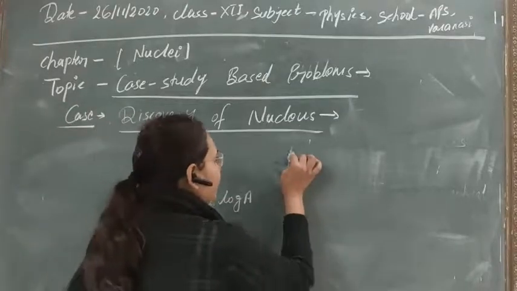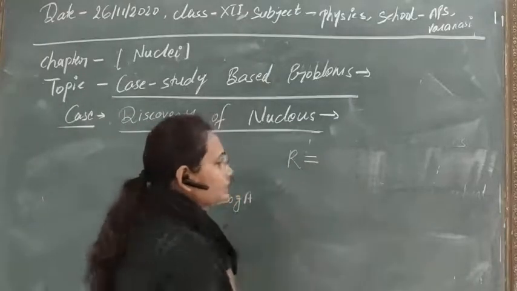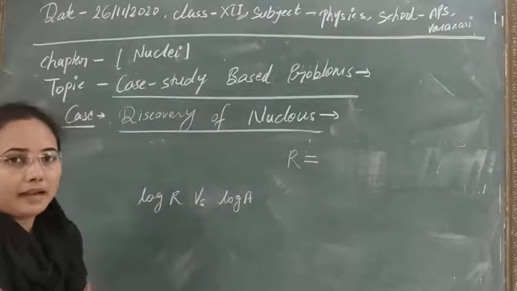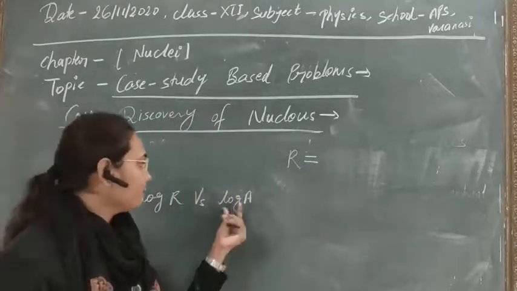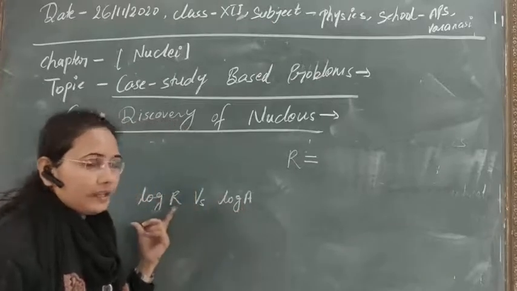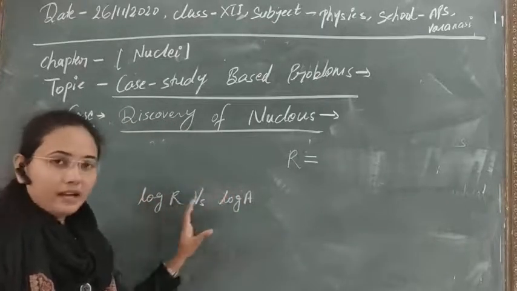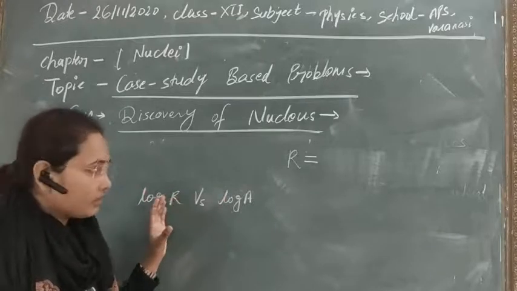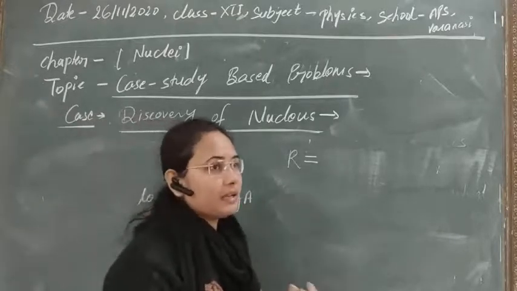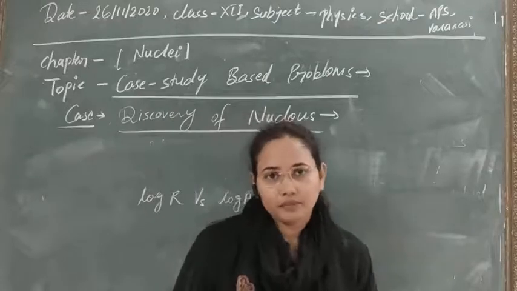So first of all, let's write the formula relating the mass number and the radius of the nuclei. After that we will solve it for its log, and we have to just show what its graph is, which type of curve its graph is showing.